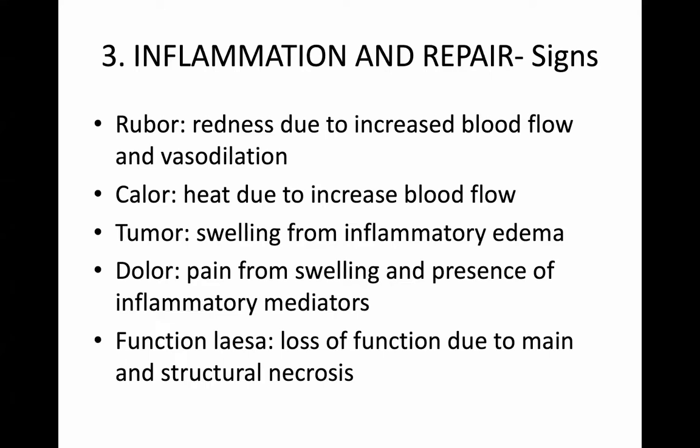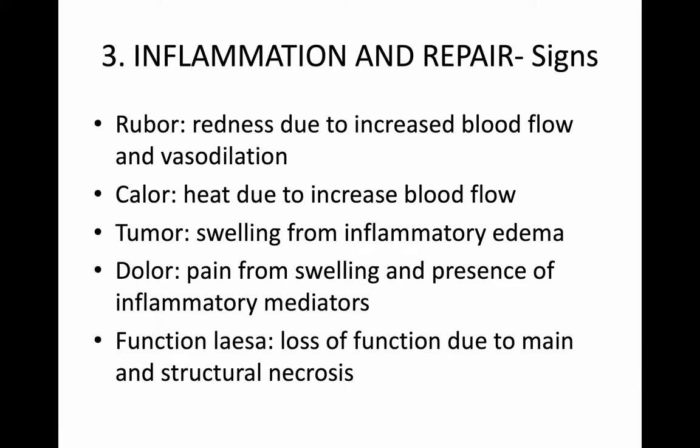There are basically four main descriptions of inflammation, but five when you also look at the loss of function that happens when there's structural necrosis. So first is that there's redness. This is the way inflammation is usually described, especially even clinically.